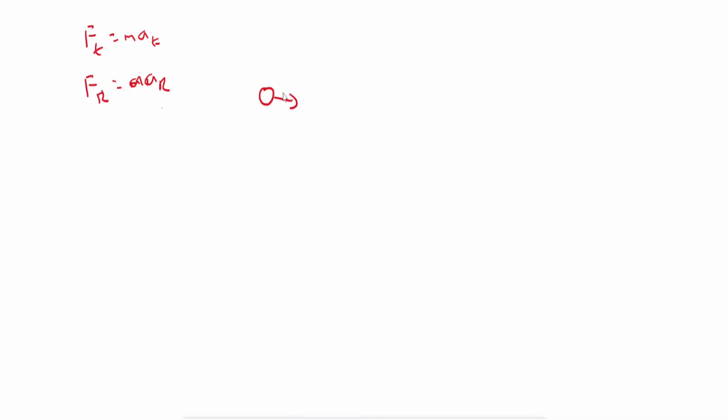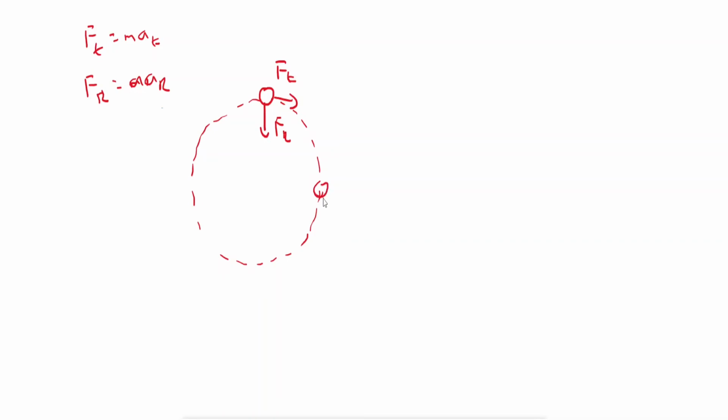So since a_t is in the direction of the tangential speed, I am going to have the tangential force, and then the centripetal force facing that way, and my object is moving in a circular path like this.